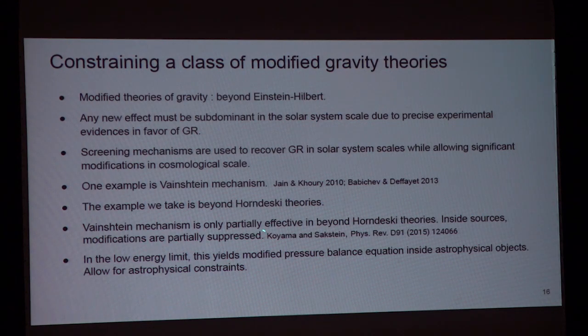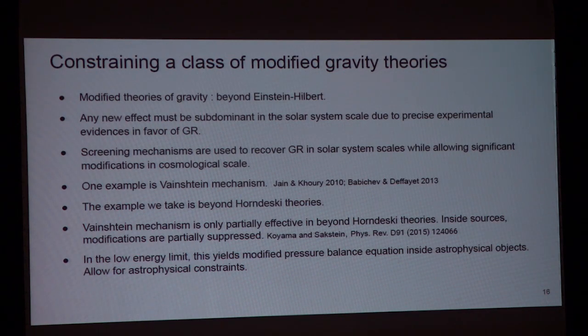Inside sources, modifications are only partially suppressed, and a very nice discussion can be found in this paper by Koyama and Sakstein. At the end of the day, when the dust has settled, in the low energy limit this yields a modified pressure balance equation, which I was talking to you about initially, inside astrophysical objects.